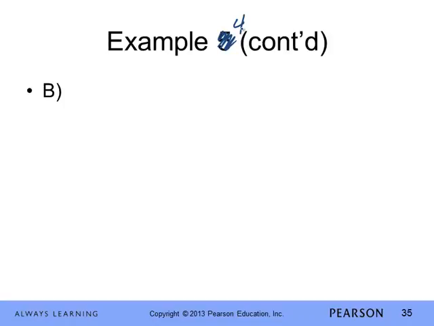Well, that could be demonstrated by taking a look at the parametric equations, where x is equal to 80t, and y is given by negative 16t squared plus 80t plus 3.